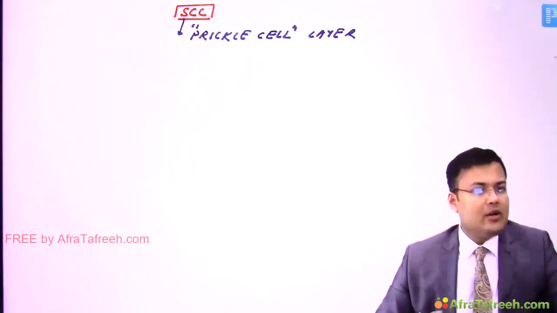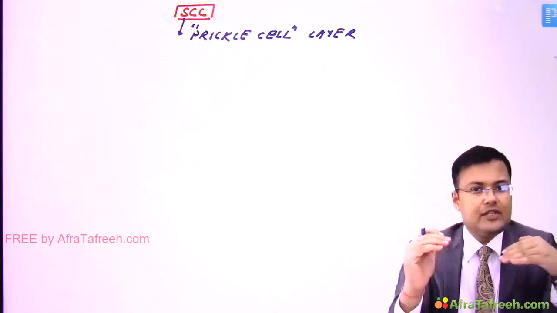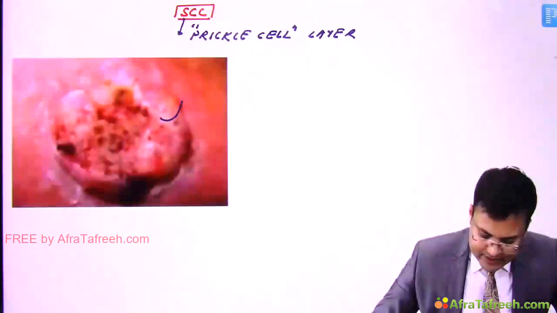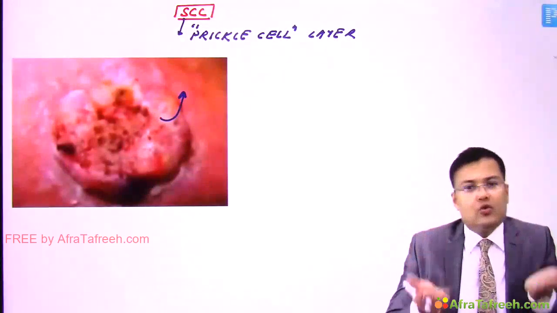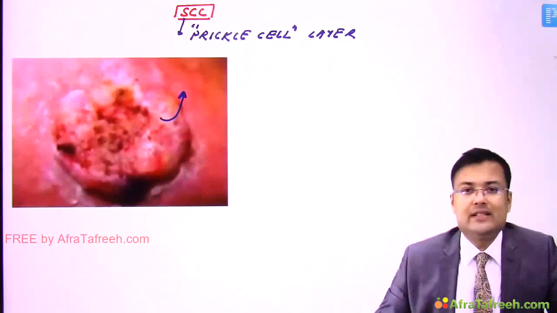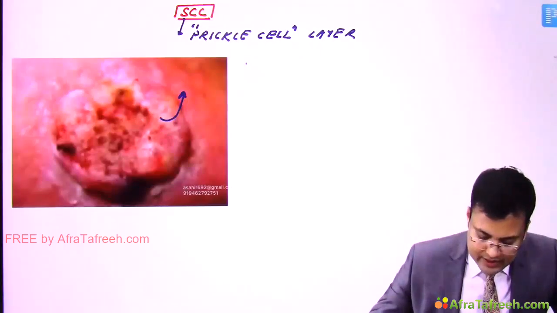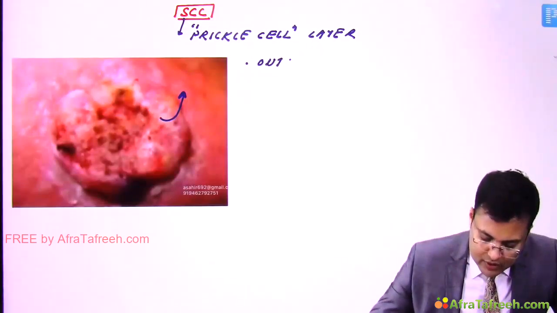Clear? Now we discussed what is the characteristic feature of this tumor. The tumor, there is outward growth. In this picture you can see there is growth towards surface, outward growth. That's why what kind of edges are seen? There is presence of everted edges.